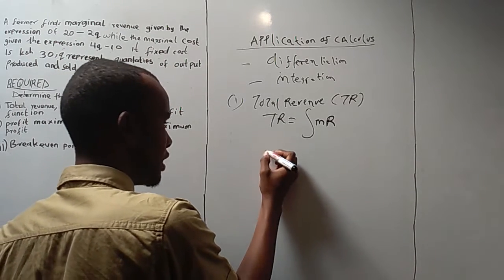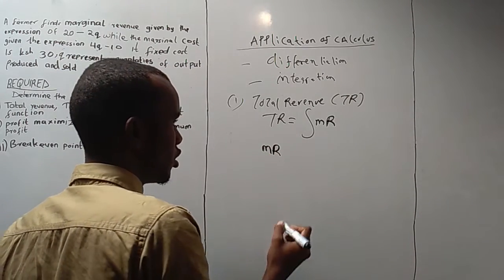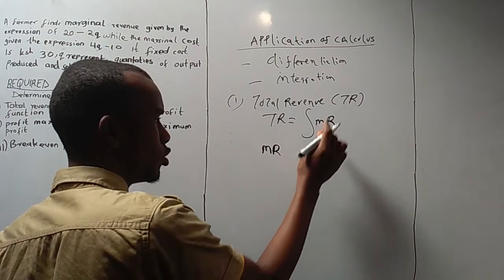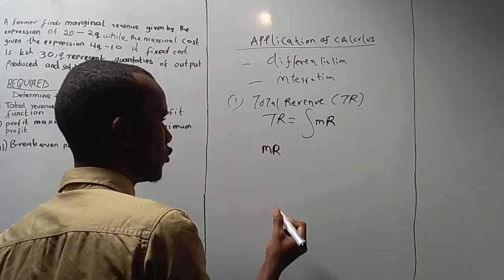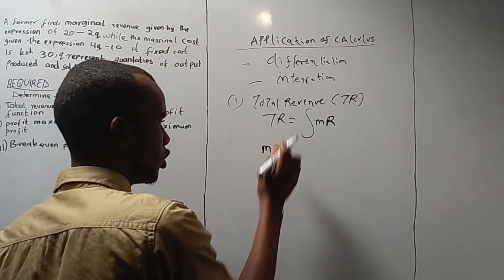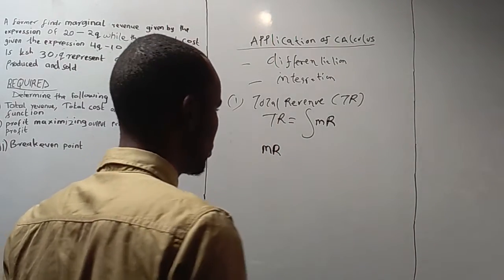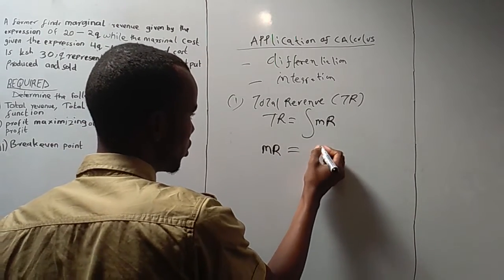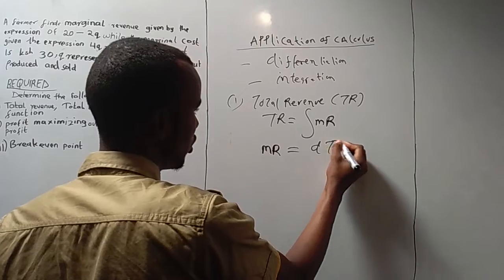But if you have the total revenue and want the marginal revenue, you differentiate. Marginal revenue is equal to the derivative of total revenue.